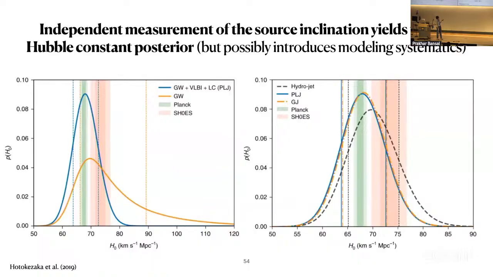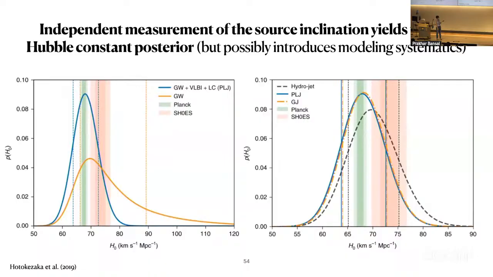Here, for reference, is the original gravitational wave posterior, and then using these additional data sets and some modeling of the jet, which is a power law jet model, I'm not too familiar with the specifics of jet modeling, but basically they constrained the Hubble constant to be this tighter measurement.